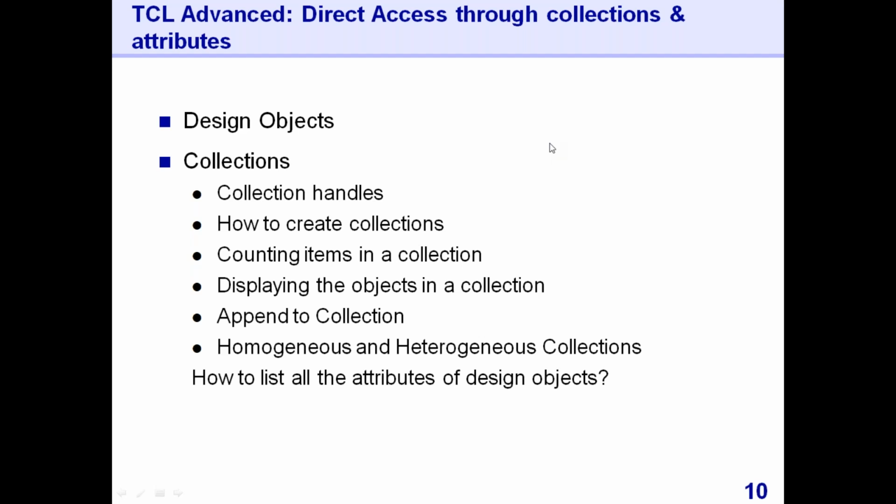Some examples of design objects are clock, net, port, lib. These are different design objects. There are a lot of design objects actually. So we can understand what design objects are and what their attributes are. If you take any design object, say a clock, the clock will have a lot of properties or attributes.